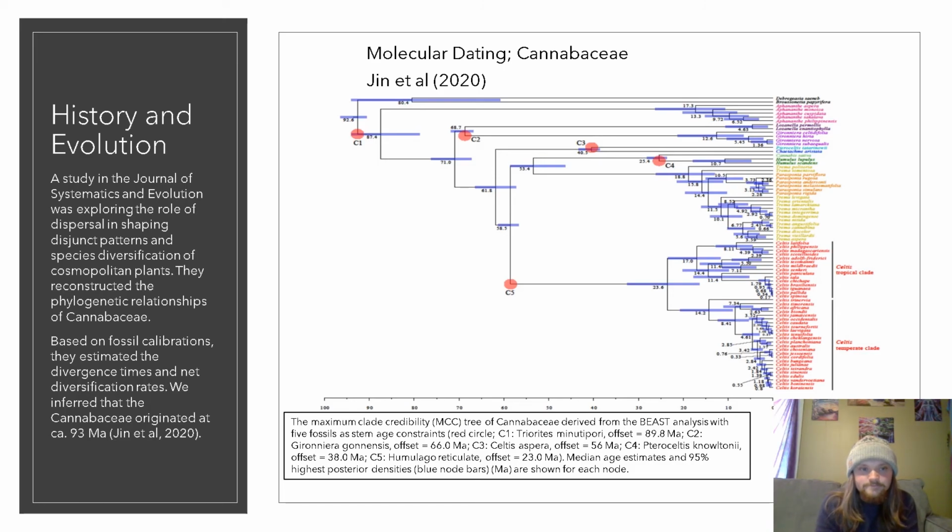A study in the Journal of Systematics and Evolution was exploring the role of dispersal in shaping the disjunct patterns of species diversification of cosmopolitan plants. They reconstructed the phylogenetic relationships of Cannabaceae, and based off fossil calibrations, they estimated the divergence times and net diversification rates, and they inferred that Cannabaceae originated 93 million years ago.